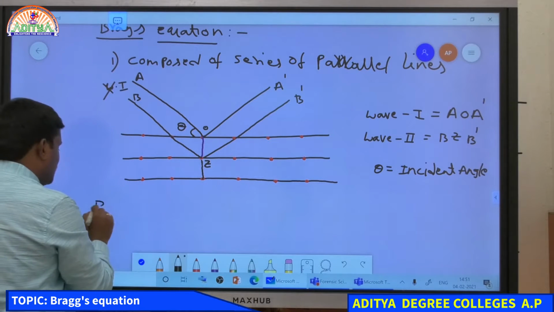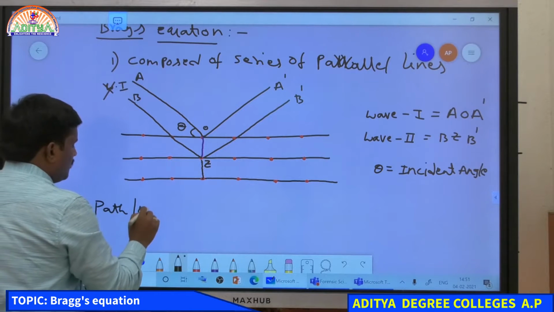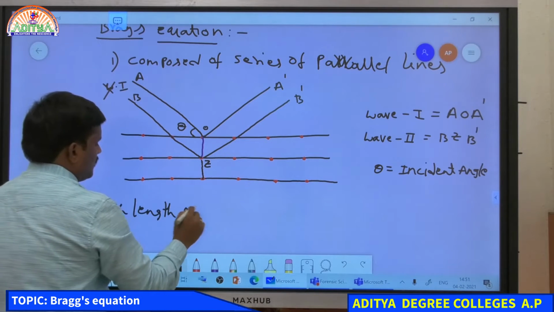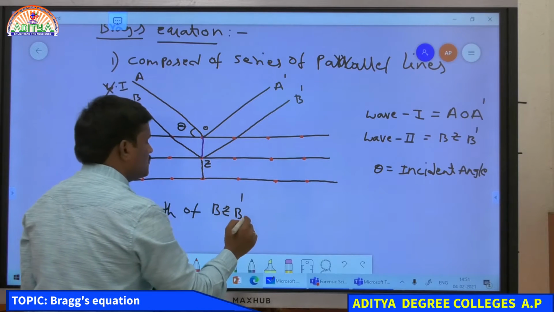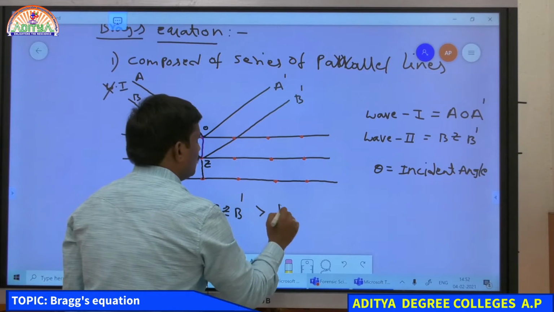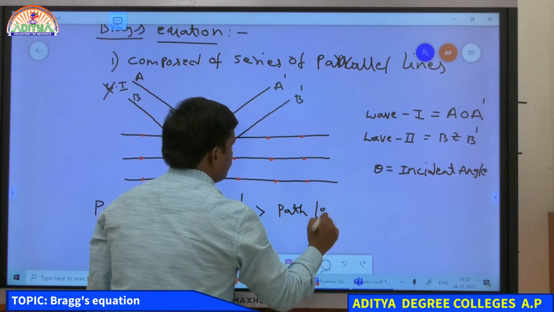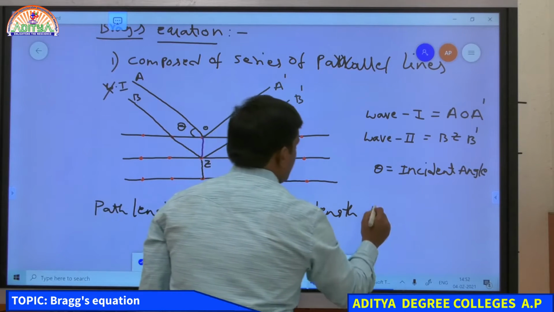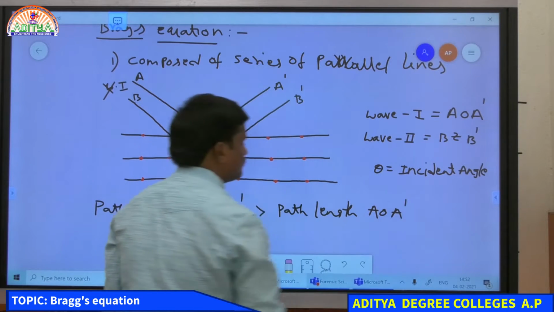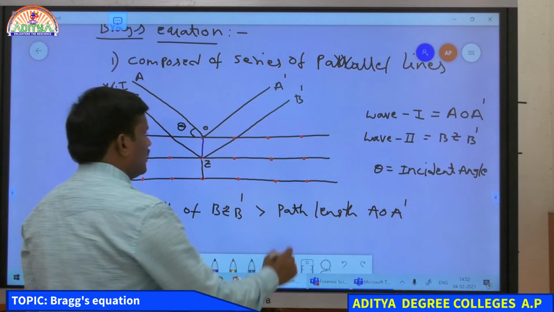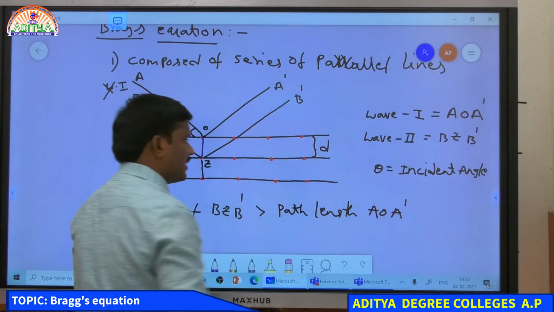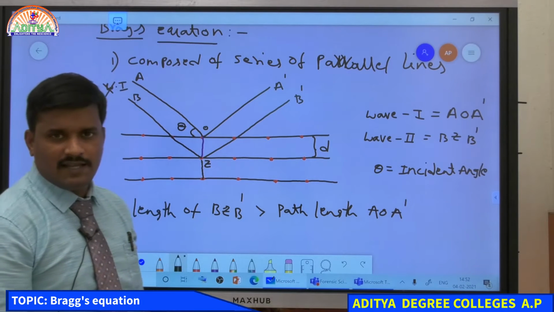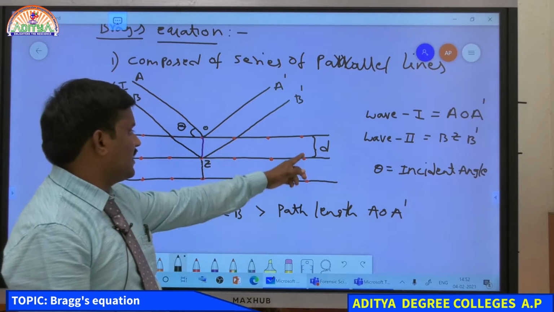Therefore, the path length of BZB dash is more compared to the path length of AOA dash. And also the distance between two layers, that is the distance between adjacent layers in the crystal, is taken as d.